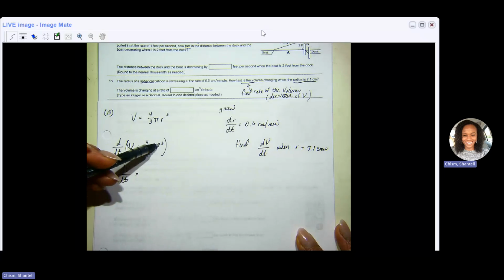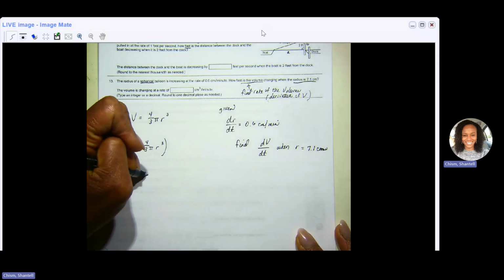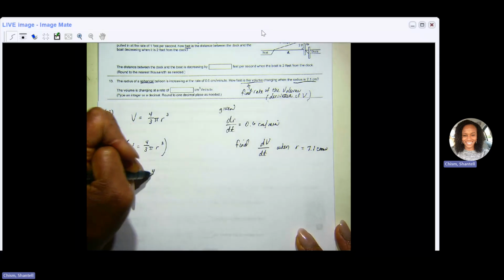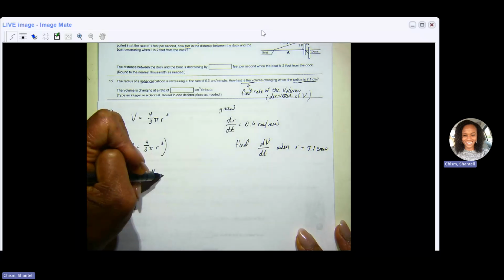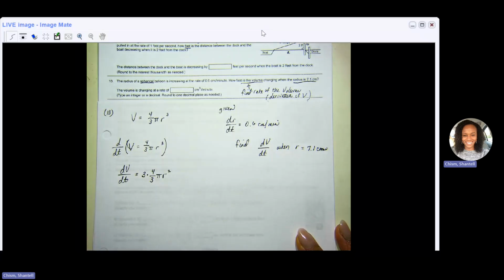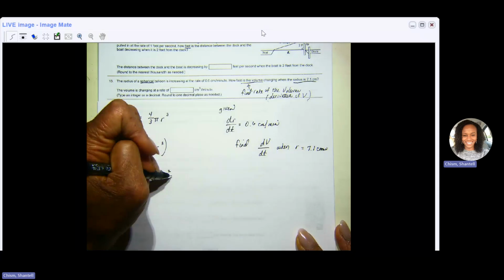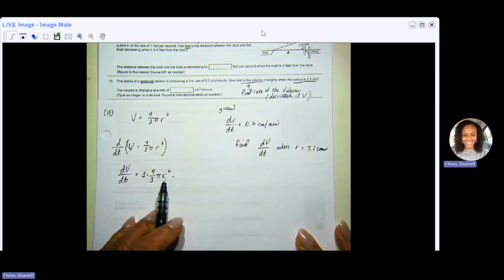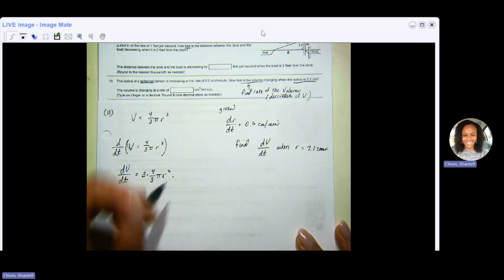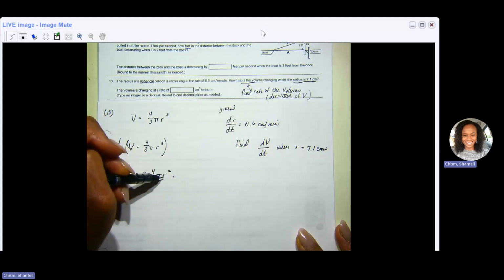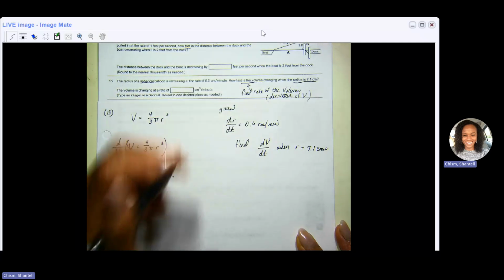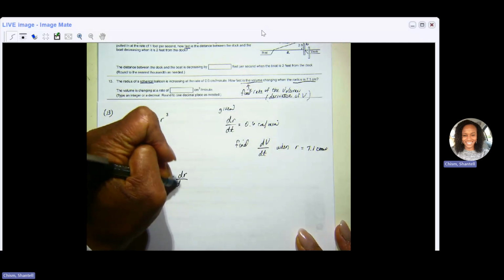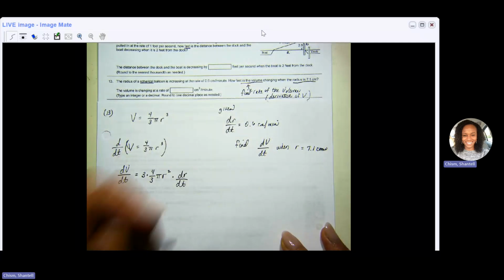So we're going to apply the power rule by bringing down the 3, and it will get multiplied to 4/3 pi. And so that's then r squared, because we reduced the exponent. And then remember the radius is a function of time, so the inner derivative, the derivative of r itself with respect to t, would be dr over dt.